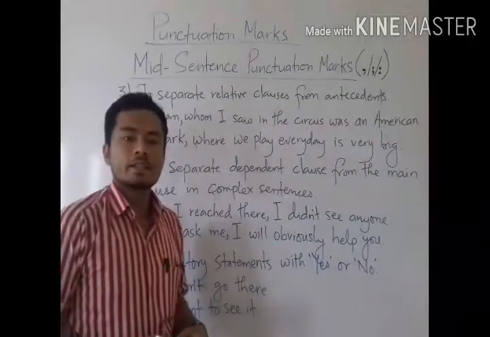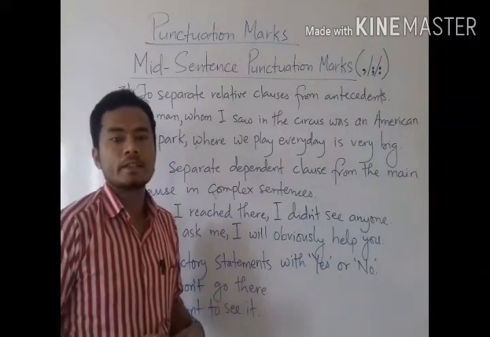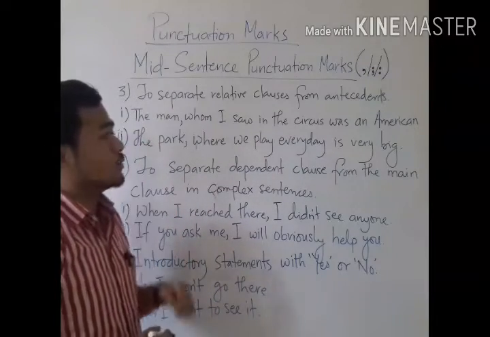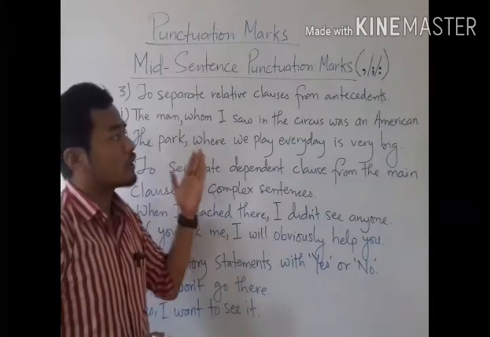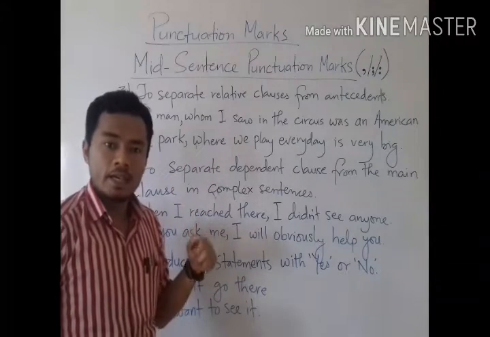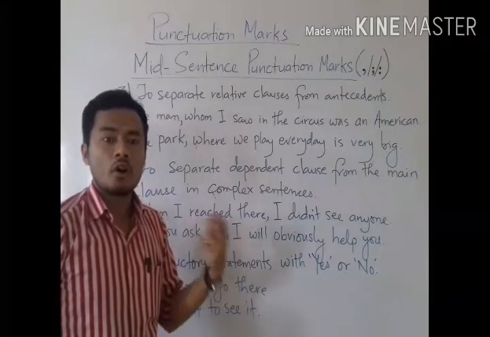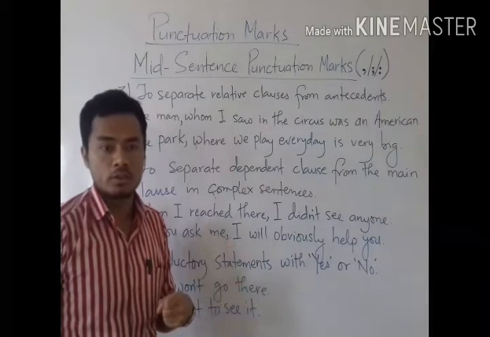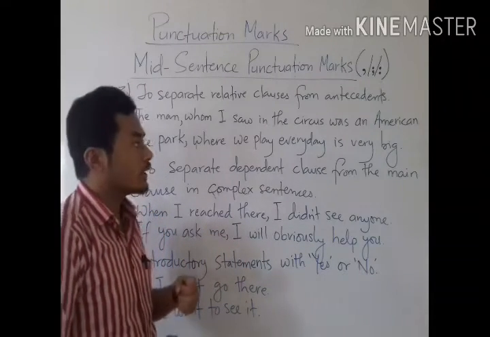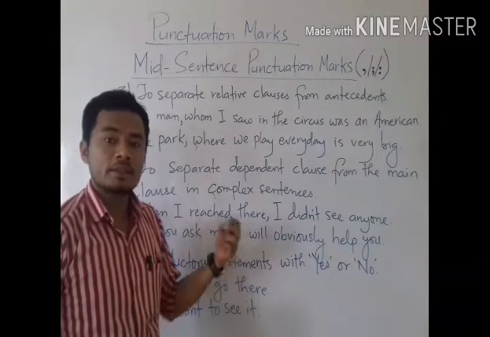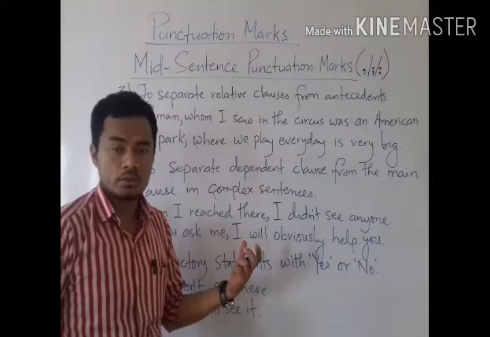The next condition in sentences when we have to use comma is number 3, to separate relative clauses from antecedents. Relative clauses are the clauses which are formed by using WH words. Antecedents are the nouns.